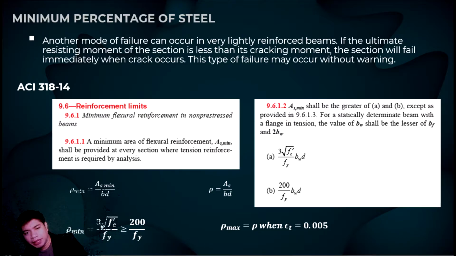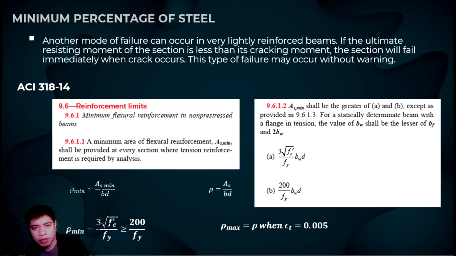Di ba nga ito yung gagamitin natin as long as ito ay mas malaki compared dito sa value na nandito. Pero kung ito yung mas malaki, din ito yung gagamitin natin. So in other words, kung sino sa kanila yung mas malaki, yun yung gagamitin nating ρ minimum.